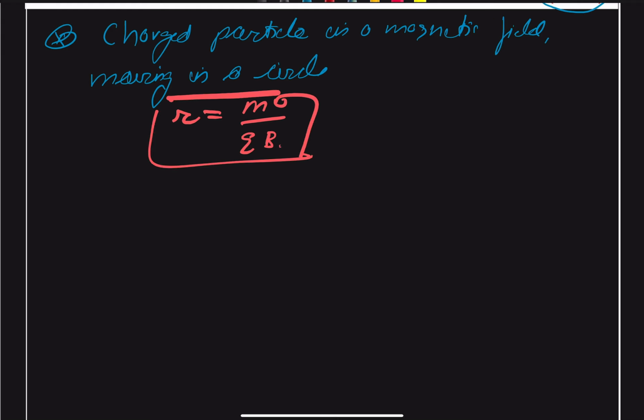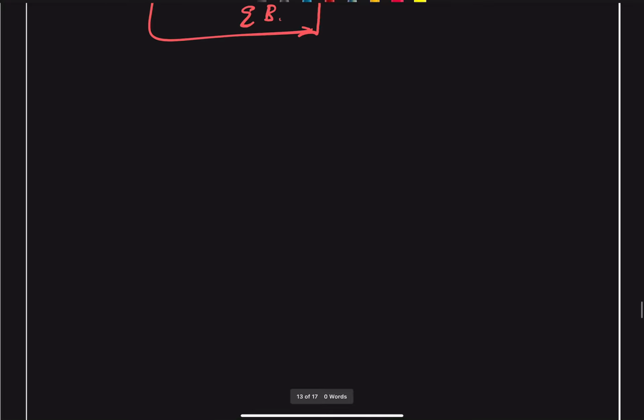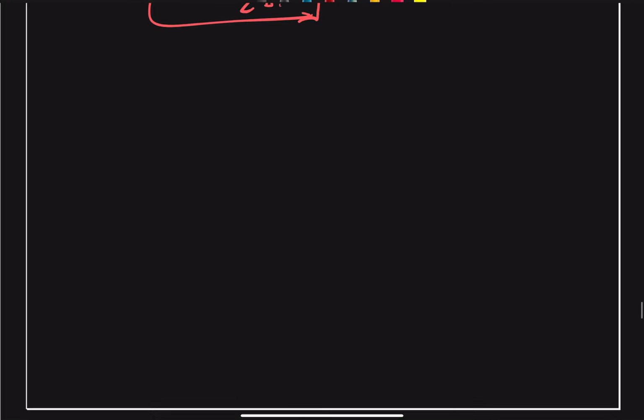And we are given that they have the same kinetic energy. Let us suppose it is represented as K, which equals half m v squared.